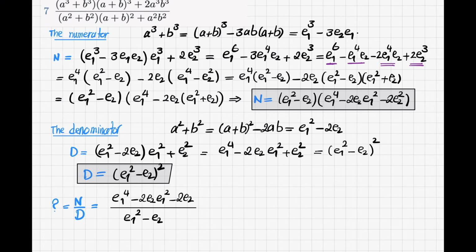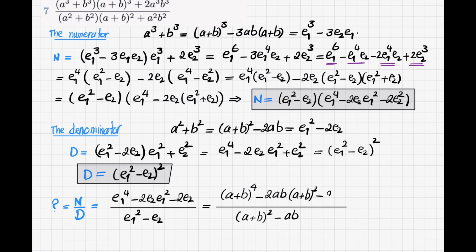Okay, so then I need to substitute back. At least I was able to simplify this expression. So if I substitute things back for the denominator, it's very simple. Instead of e1, I plug a plus b back, minus e2, which becomes ab. And for the numerator, it becomes a plus b to the 4 minus 2ab times a plus b to the 2 minus 2ab.